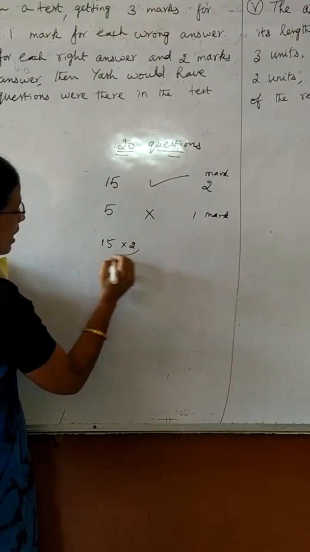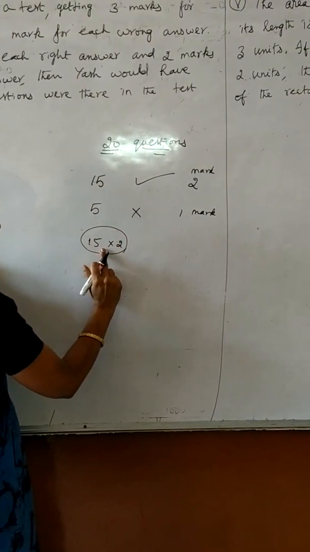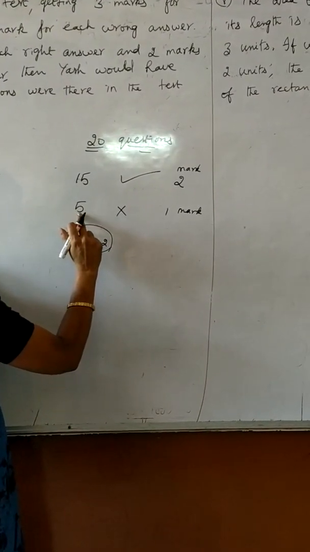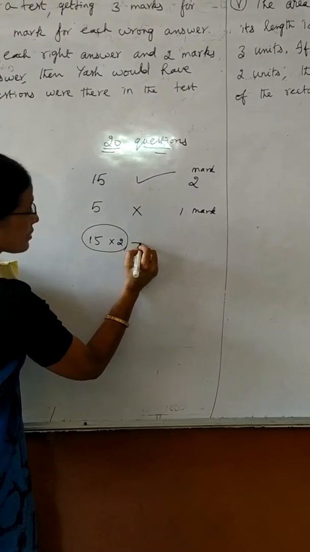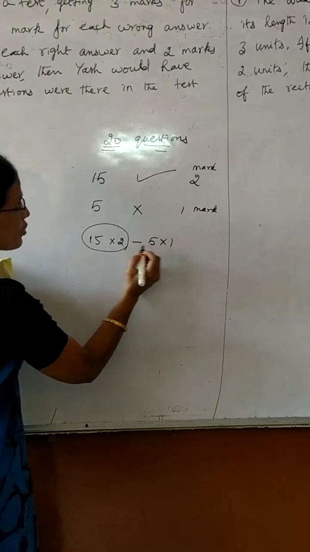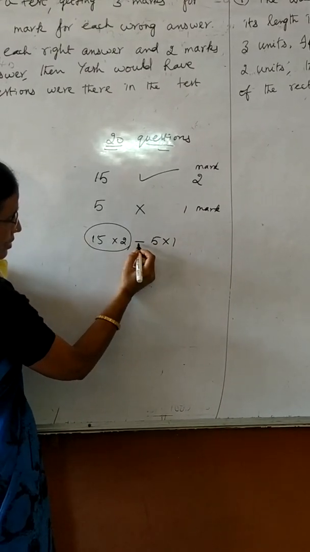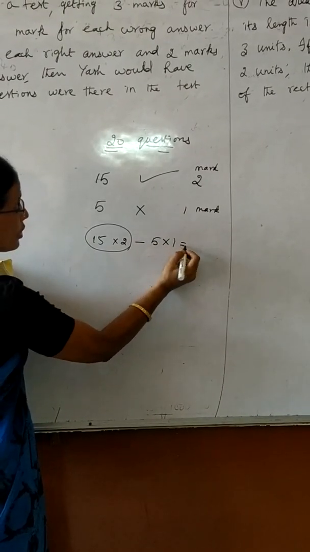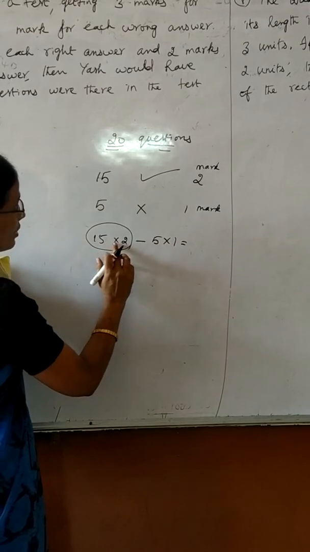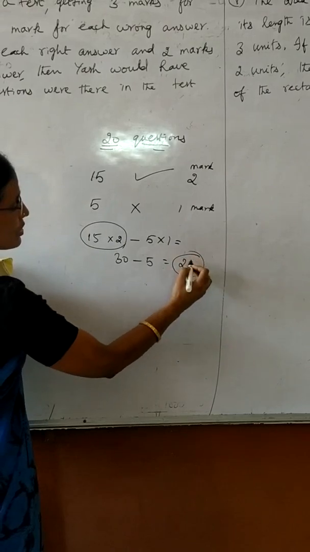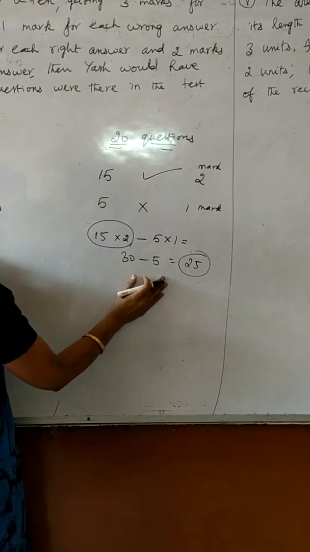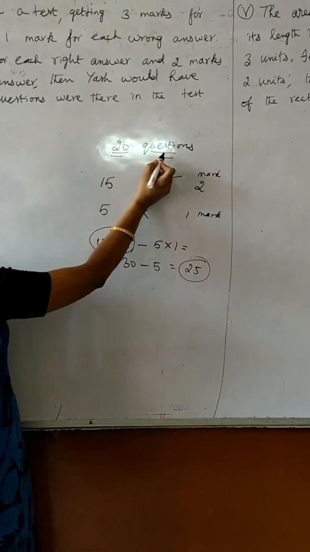So this is the mark you scored for correct answers. 5 answers are wrong and 1 mark will be subtracted. So 5 into 1, because it is subtracted, I have written minus. So what will be your score in the test? 15 twos are 30 minus 5. Your score is 25.